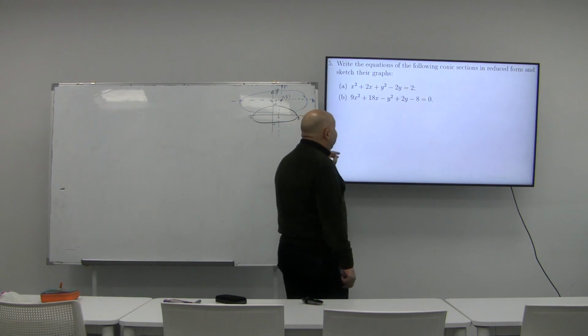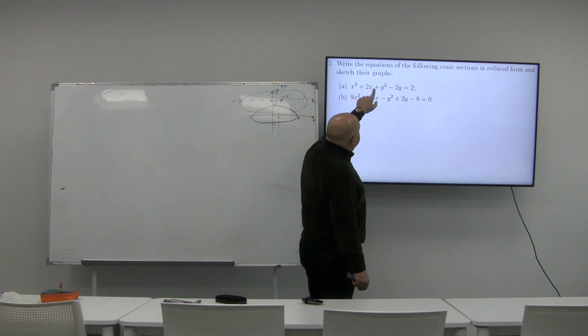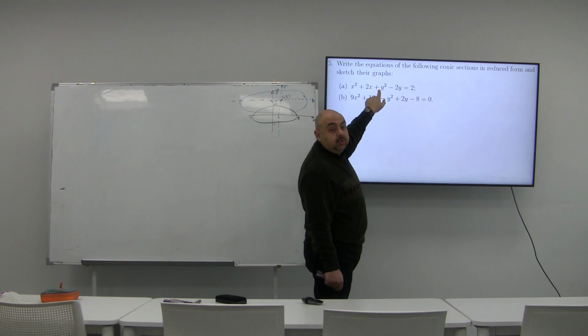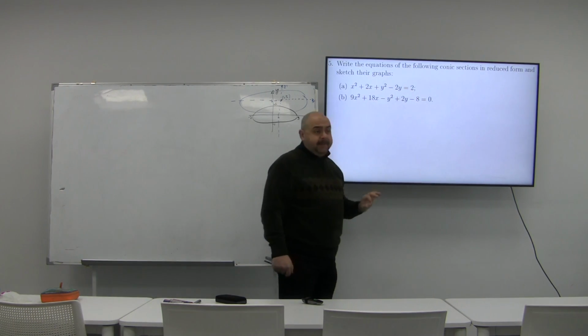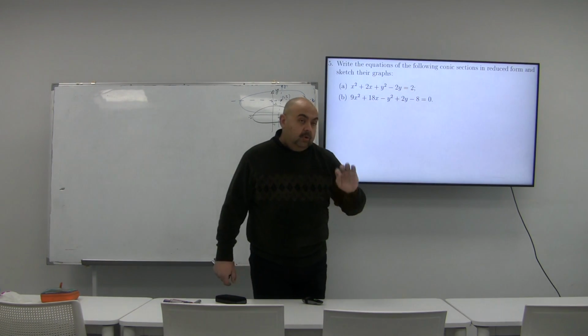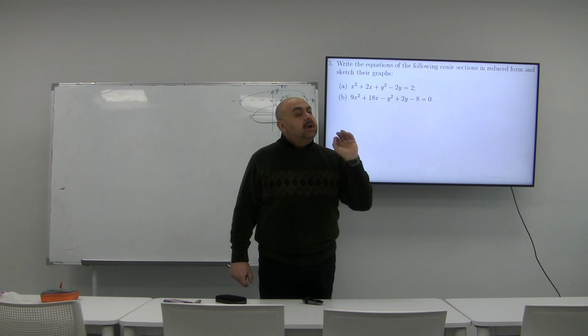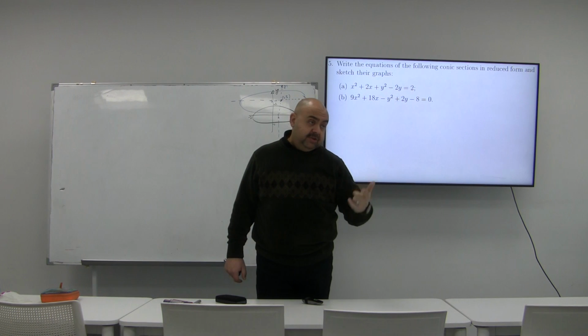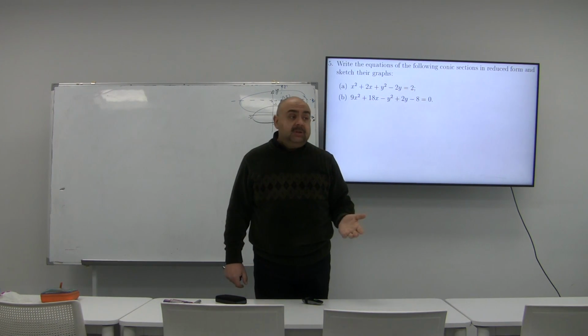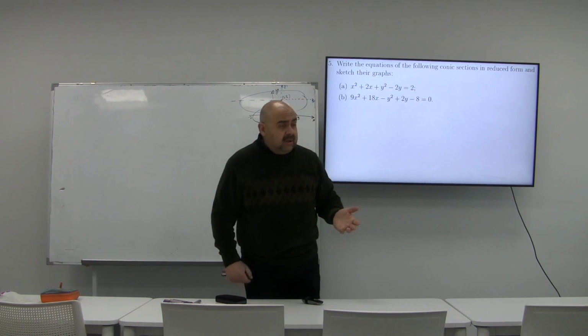If you have an ellipse, you will have different coefficients for x squared and y squared. But if you have the same coefficients, probably you will have a circle. In order to be sure about the characteristics of this circle, finding the center and radius, you will have to convert it to the standard form. What's the standard form?